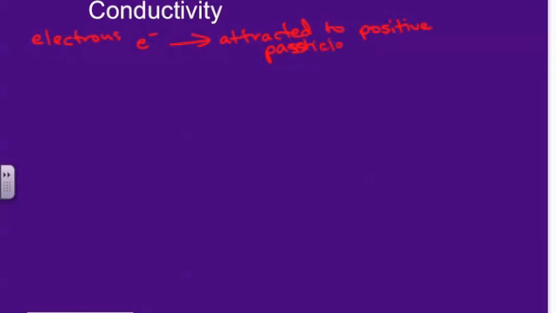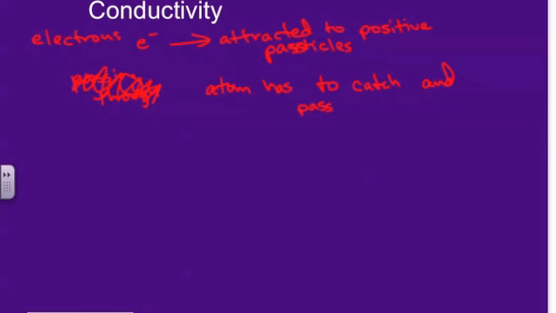Okay, so you have to think of it this way. Conductivity is not about passing through. People like to think of electricity as passing through something. You have to think of an actual atom has to, in essence, catch and pass an electron on to another atom.